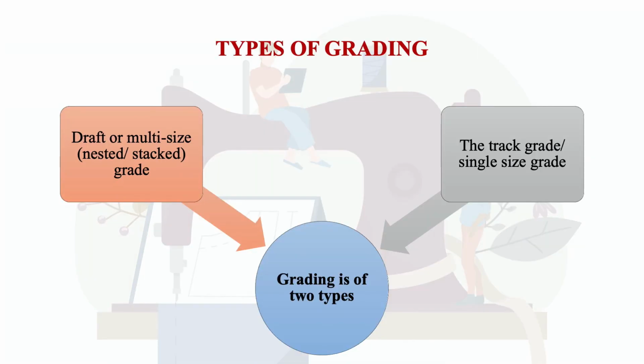When we create a draft, we do grading at that point of time, or we do multi-sizing, increasing and decreasing the draft according to the standard measurement. And the second is the track grade or single size grade. Like we have a single size and we develop another size using that standard pattern. So these are the two types of grading.